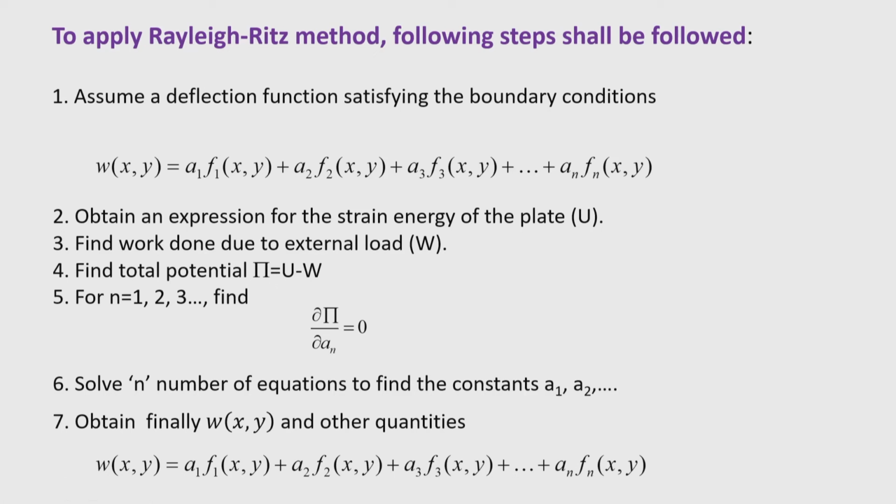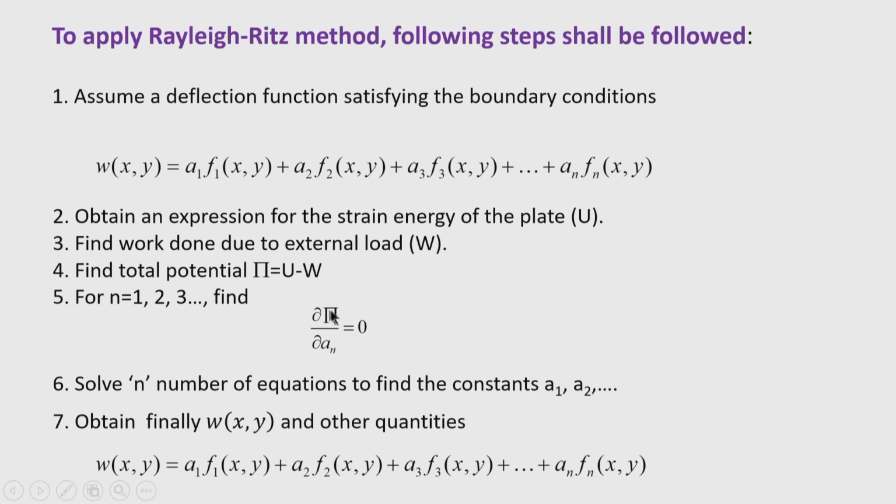Then you see that pi equal to U minus W contains these a1, a2, a3 in square form, because it is coming from an energy expression, capital Pi. So, therefore, it will contain the square of these quantities. Now, we are showing it for any term, and we have to carry out this derivative for all the terms: del pi by del a1 equal to 0, del pi by del a2 equal to 0, like that.